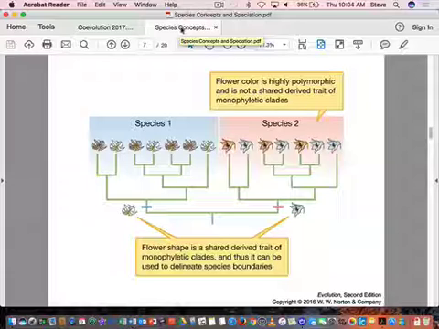This is species 2. So the question is, what is the distinguishing feature that characterizes these two species? Is it flower color? Yeah, it's probably the flower shape, okay? Because what you can see here is that flower color is highly polymorphic and is not a shared derived trait of the monophyletic clades.